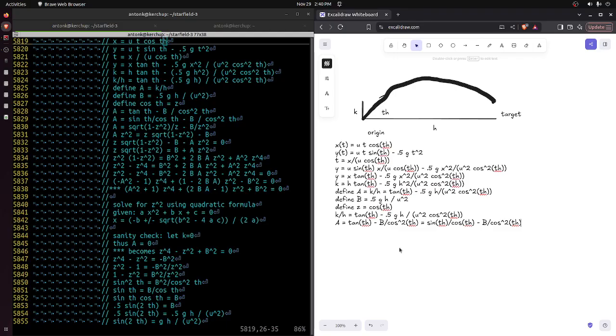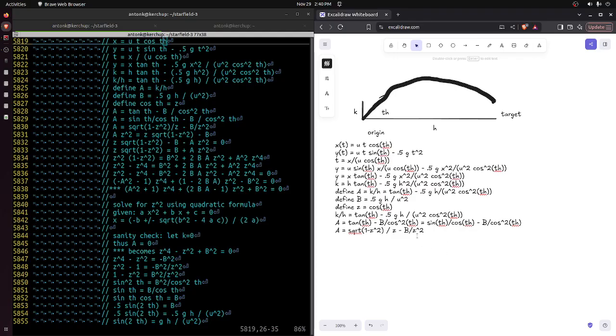So let's say a is the square root of 1 minus z squared divided by z minus b divided by z squared, right? So this is just this equation here.